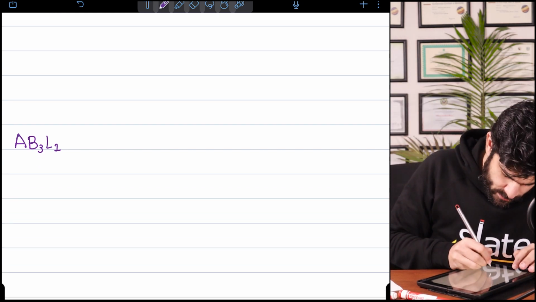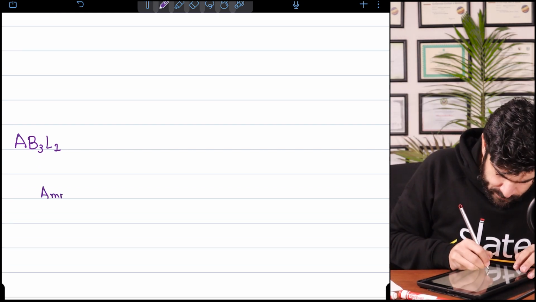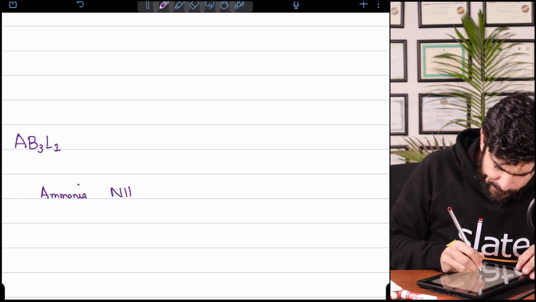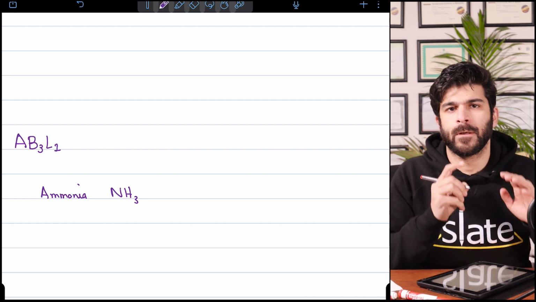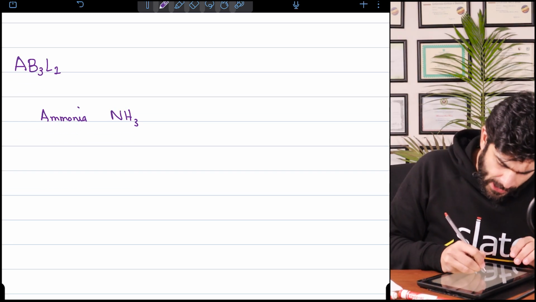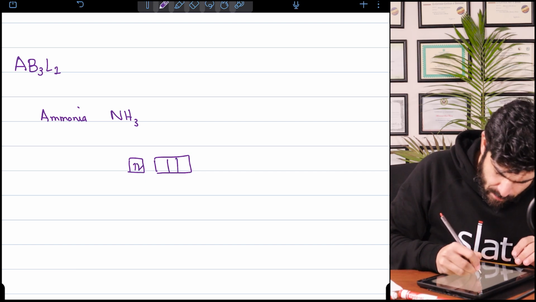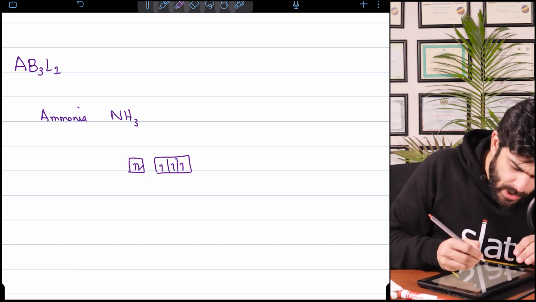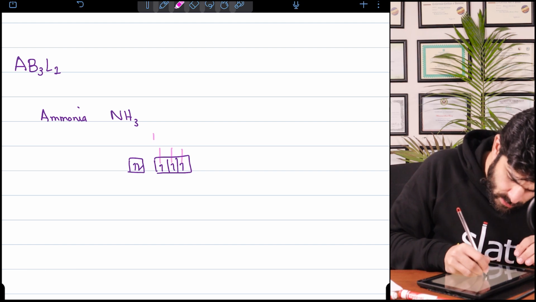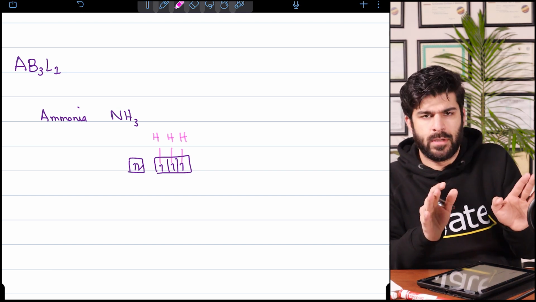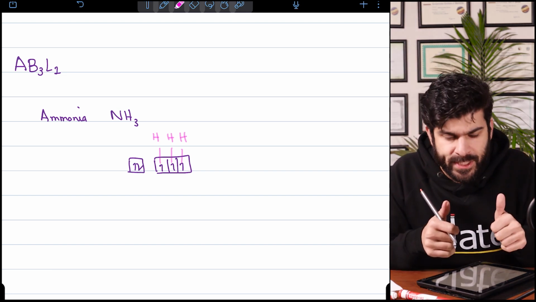And ammonia comes first, NH3. So what would happen? Nitrogen exists this way. And we just need to link 3 hydrogens. We do not need to further excite it. It's stable. It's perfect in its ground state.